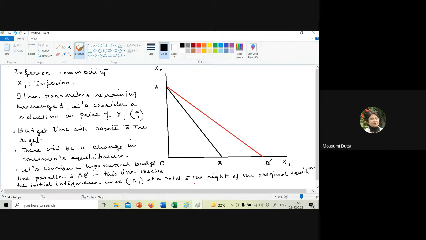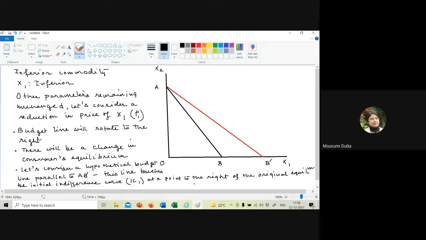Okay, so when I am drawing the hypothetical budget line, it's not any line I am considering, rather I am considering a line which will touch the initial indifference curve, which means I'll cut down the money in such a way from the hand of the consumer when there is a reduction in price so that she is left with the money by which she will be able to consume along the initial indifference curve.